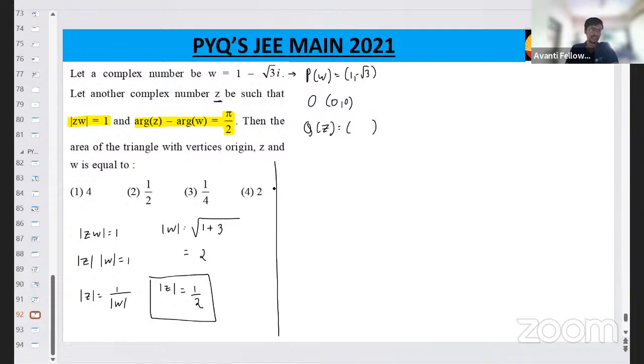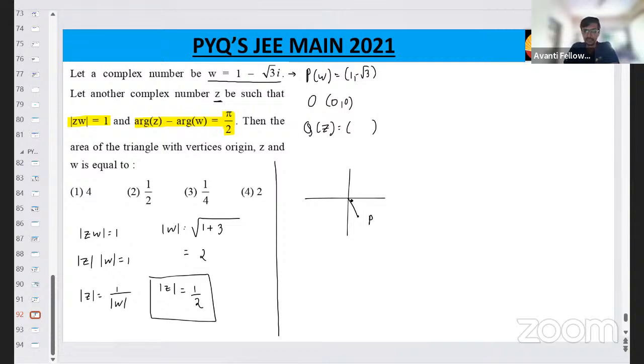Now argument के लिए they've given very interesting: argument of Z minus argument of W, right? So W है 1 minus root 3i. So 1 minus root 3i means point P कौन से quadrant में होगा? Fourth quadrant में, right? Point P will be in fourth quadrant.